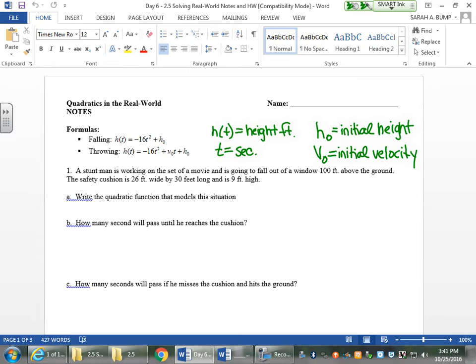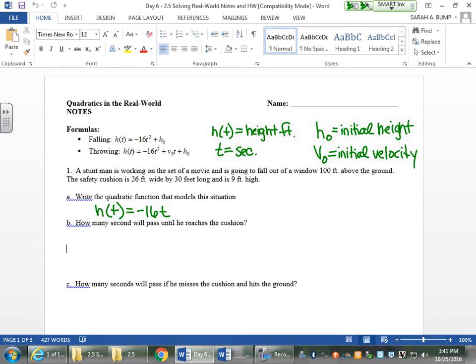So when you're writing the model for the function, the only thing you're going to sub in is the h naught and the v naught, depending on what type of problem it is. This man is falling out of the window, so we're going to be using our falling object formula. So nothing is going to get subbed in for h of t, because his height is changing as he falls.